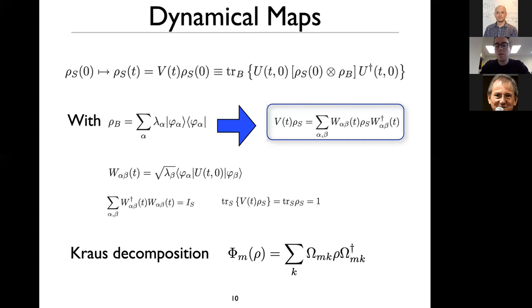Say for example that this operation describes a measurement, where when we perform this operation, we return a measurement outcome, which we label m. Then according to this theorem, this measurement operation has to admit a Krauss decomposition, which is given at the bottom.